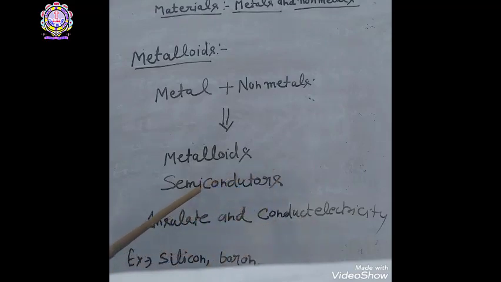So these are called semiconductors. For example, silicon and boron.